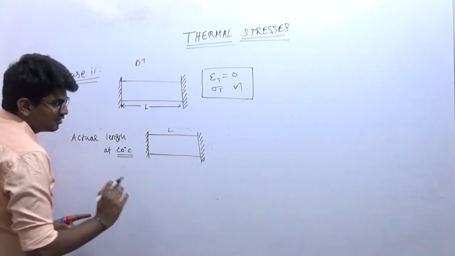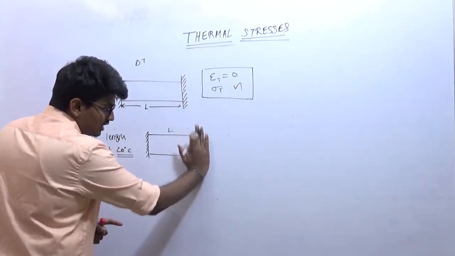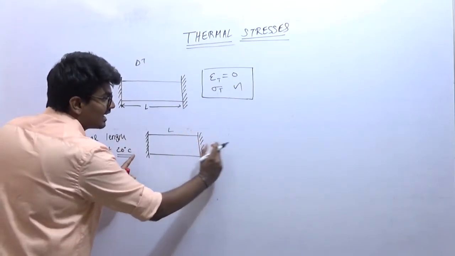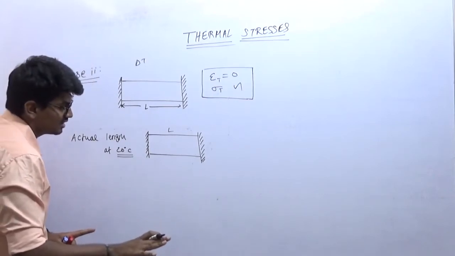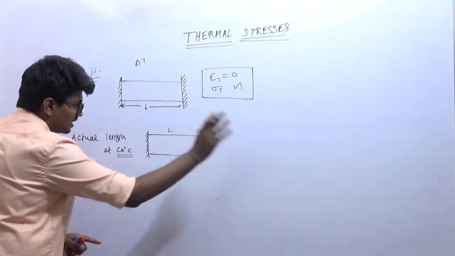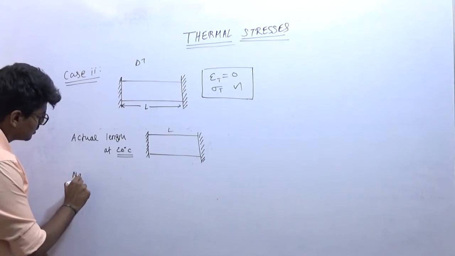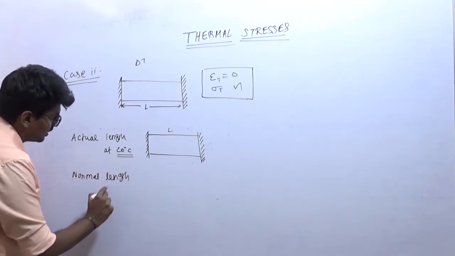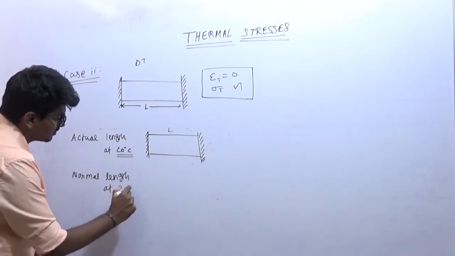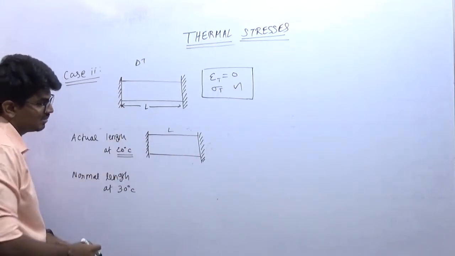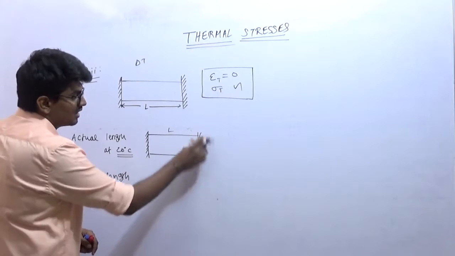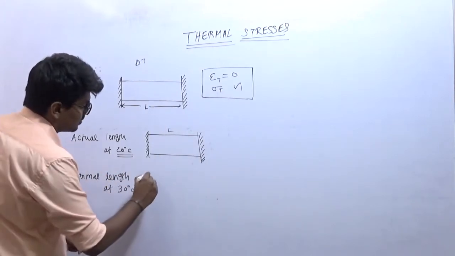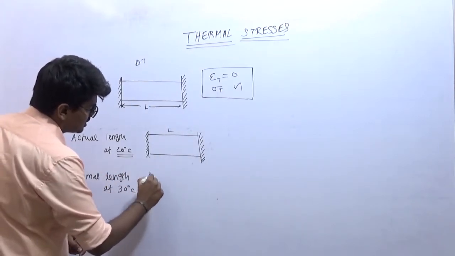Now, if there is no restriction here, it can expand freely. So I am just taking it as the normal length at 30 degrees. That is, I am increasing the temperature and considering there is no restriction on one side.